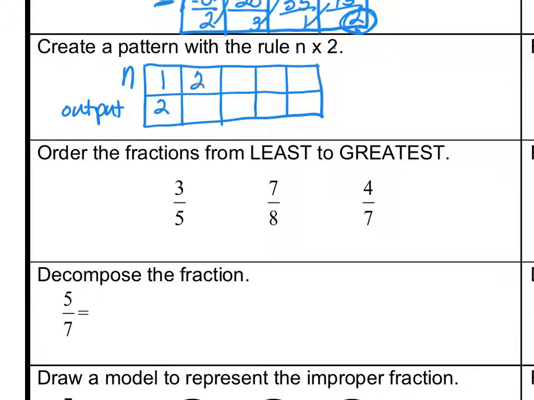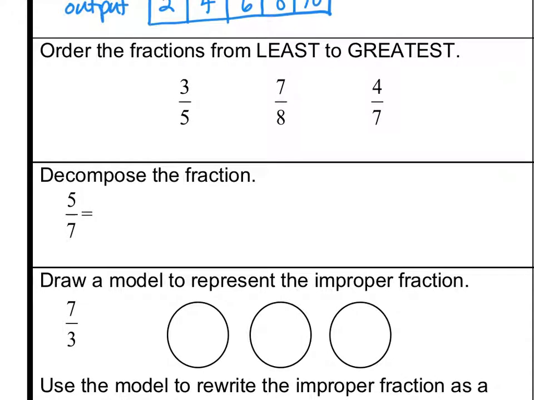If we start with 2, 2 times 2 is 4. If we start with 3, 3 times 2 is 6. If n is 4, then 4 times 2 is 8. And if n is 5, 5 times 2 is 10. And there's our pattern.